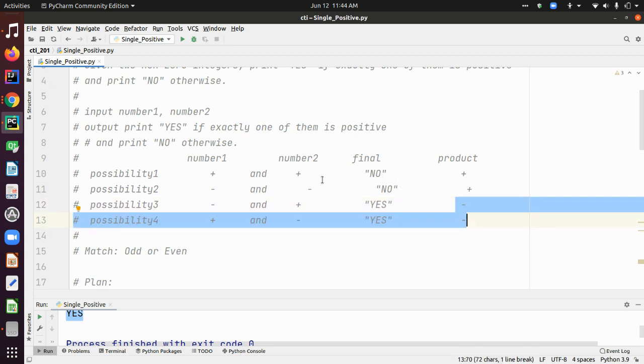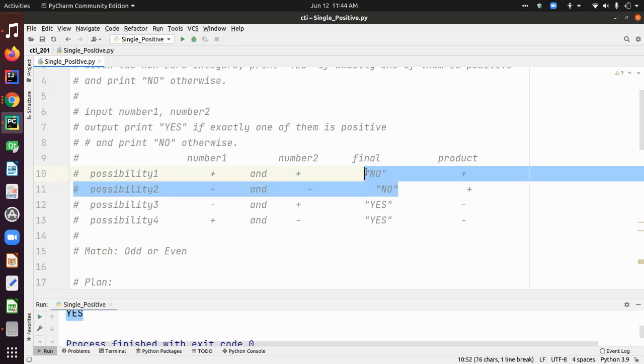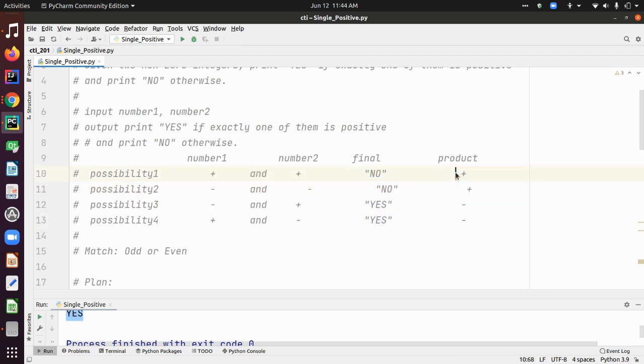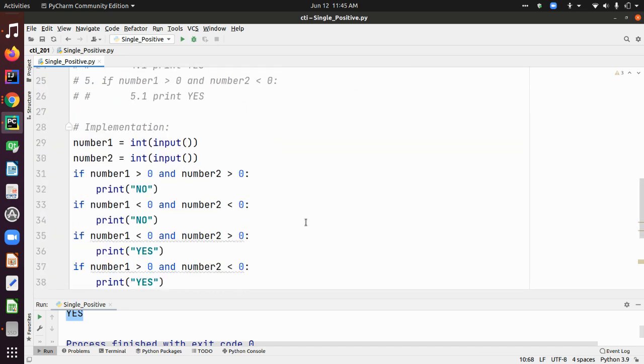And when they are both negative or both positive, the answer should be no, and the product is positive. So instead of checking all these, we only need to check the sign of the product.